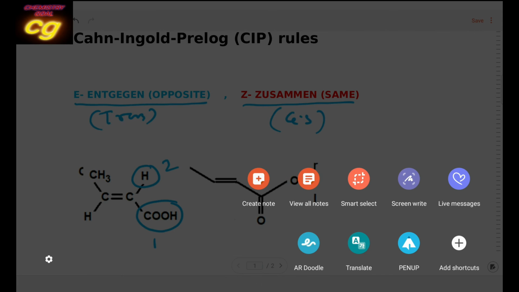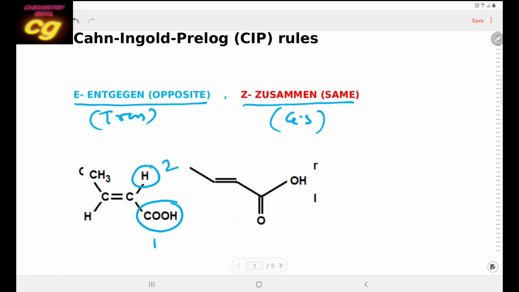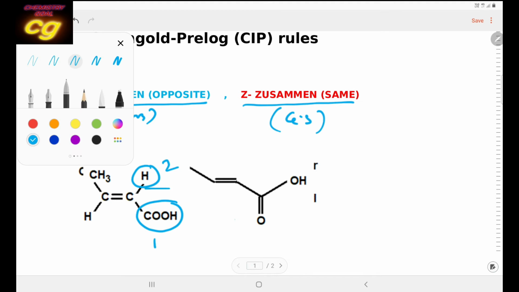So we have to consider the atoms attached to the carbon-carbon double bond: the one with the higher atomic number has more priority. Hydrogen has lower priority, and carbon is higher priority. So this CHO group will be 1 and hydrogen will be 2.